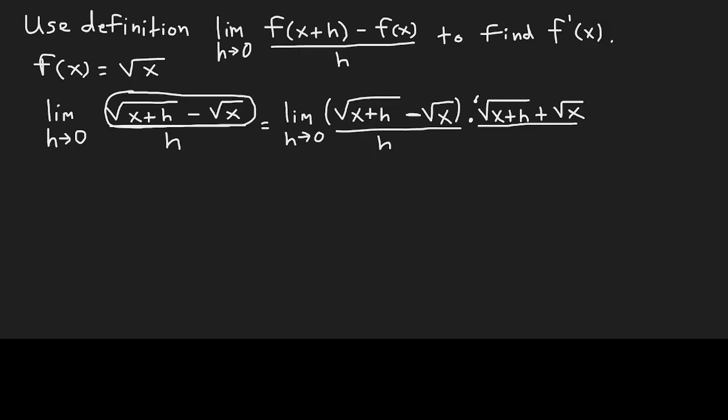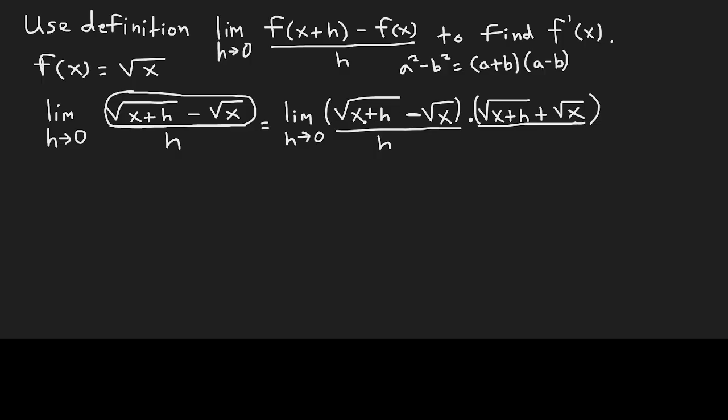You can see this is like a difference of two squares, because that's how you factor a difference of two squares. Just reviewing that real quick: a squared minus b squared equals a plus b times a minus b.